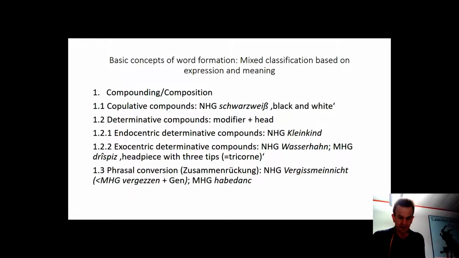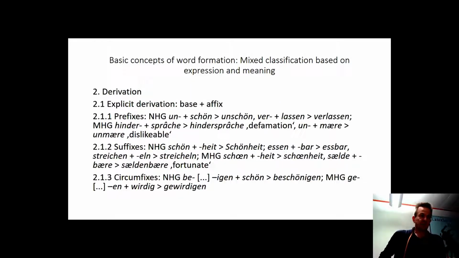A special case in the field of composition are phrasal conversions, which means compounds that preserve traces of older syntactic structures, such as the genitive government of Middle High German vergessen in the New High German compound vergiss mein nicht. In the field of derivation, a distinction is made between explicit derivation using affixes and other cases. In explicit derivation, a base, usually a base morpheme, is transformed into a new word by adding a prefix, suffix or circumfix.